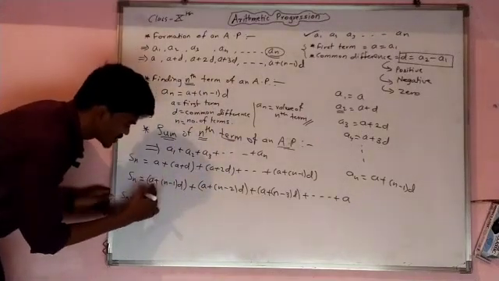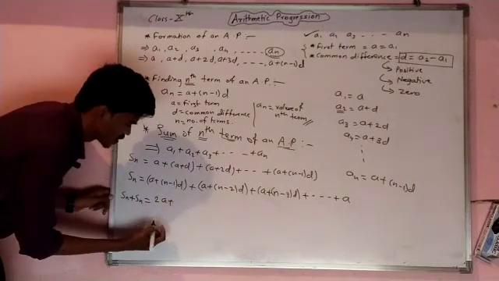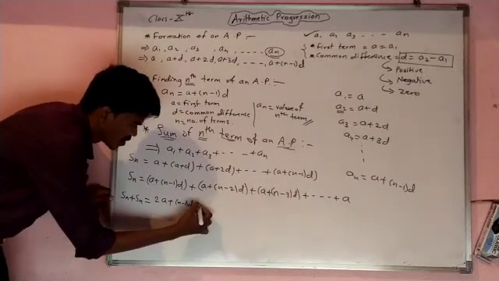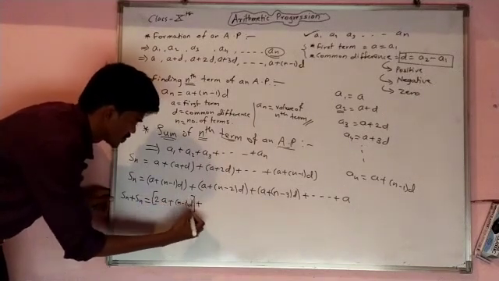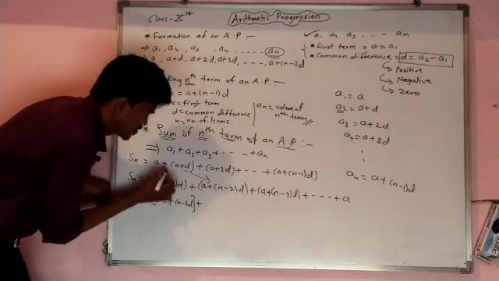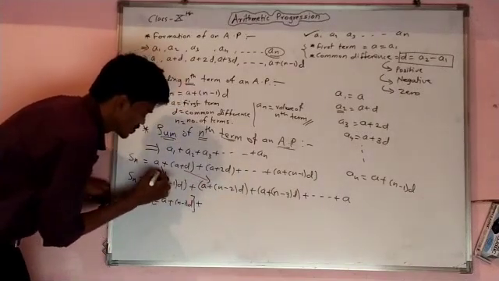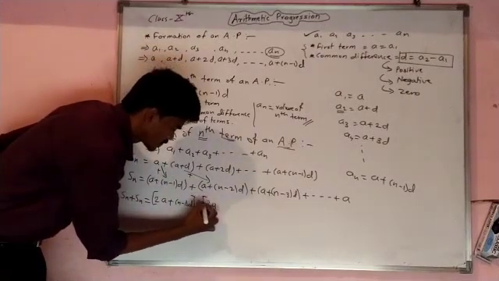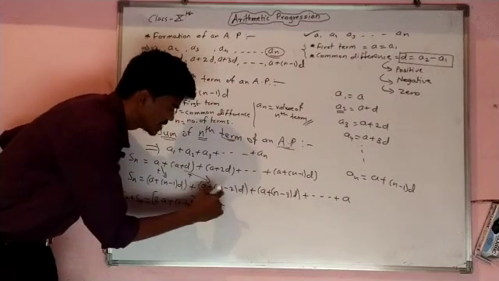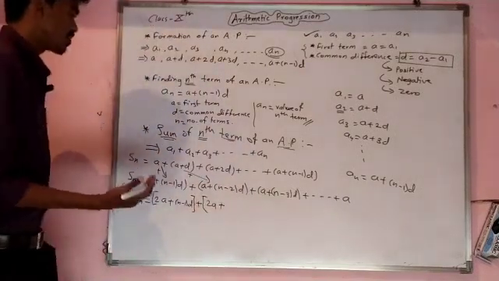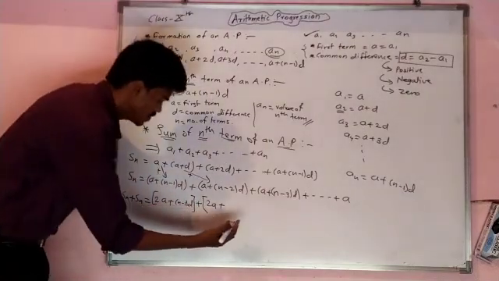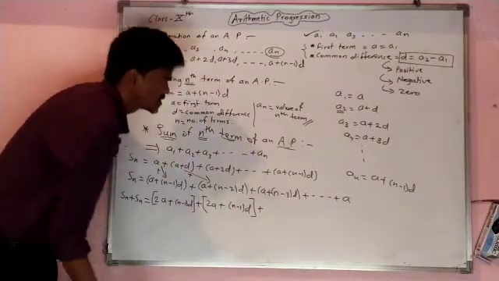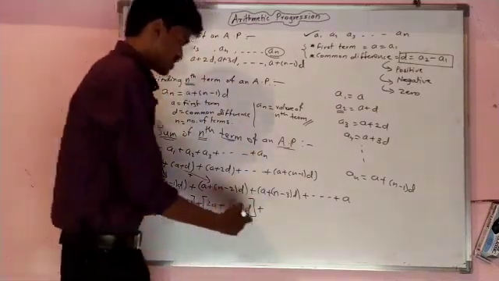So the first terms: a plus a is 2a, plus n minus 1 into d. Again the second term with the second term: a plus a is 2a, plus here it is 1d, here it is n minus 2 into d, so 1d plus n minus 2d becomes n minus 1 into d.